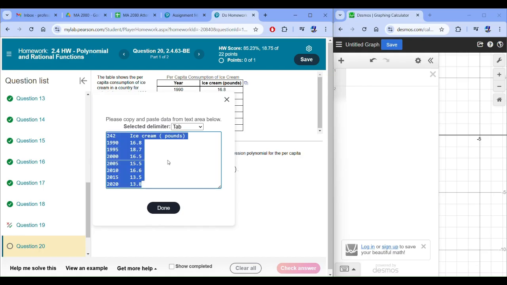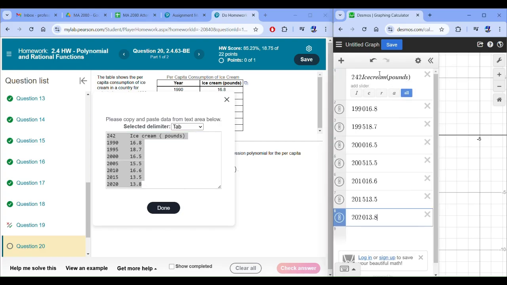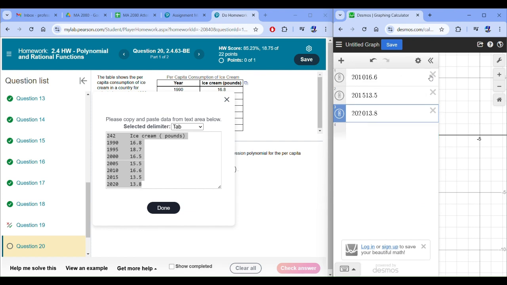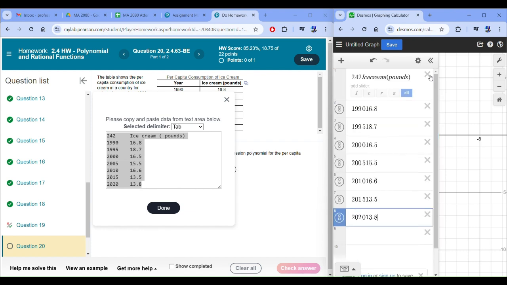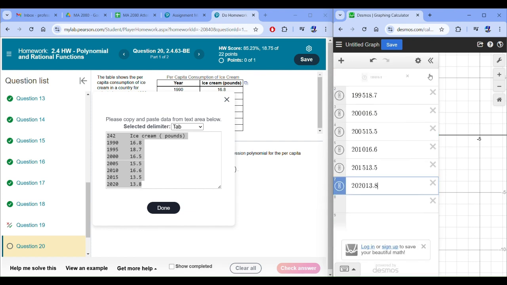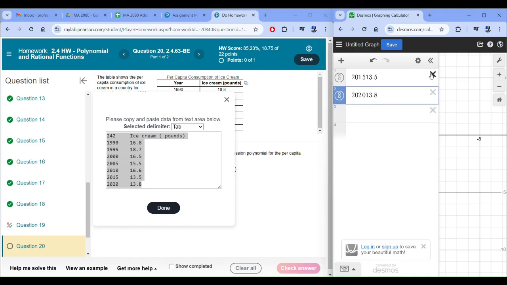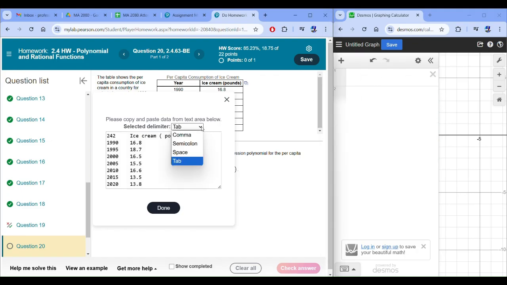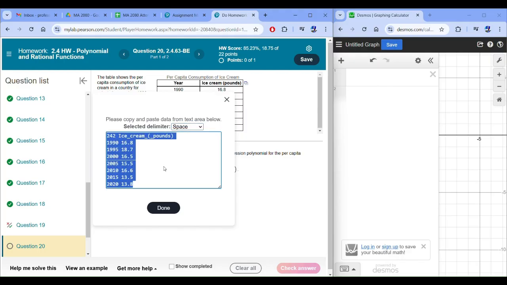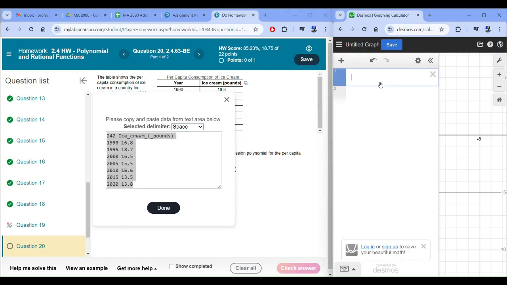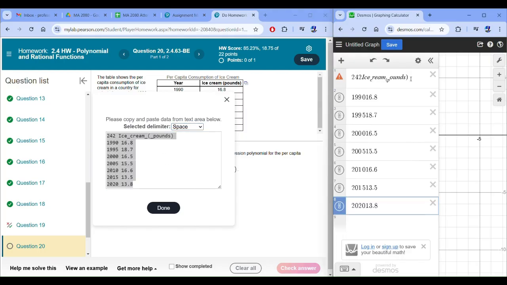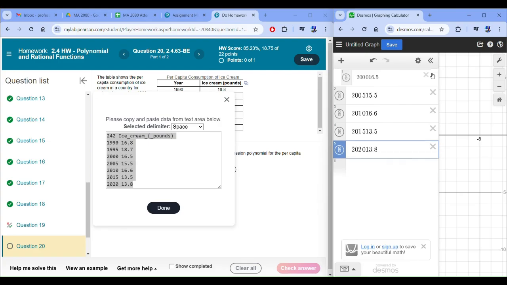Control all, control copy. Dang, that didn't work. It didn't take it. Tab space. Nope. It didn't take it. What am I going to do?